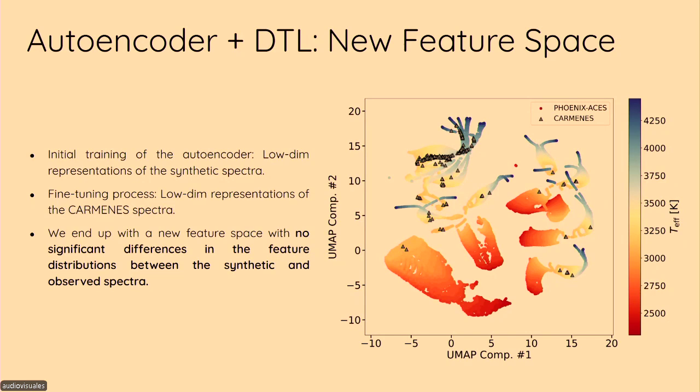This is what you can see in this plot, which is the same two-dimensional UMAP projection, but this time using the low-dimensional representations that we found in our methodology. Now you can see how these CARMENES points are much more integrated along the grid of synthetic data than before.